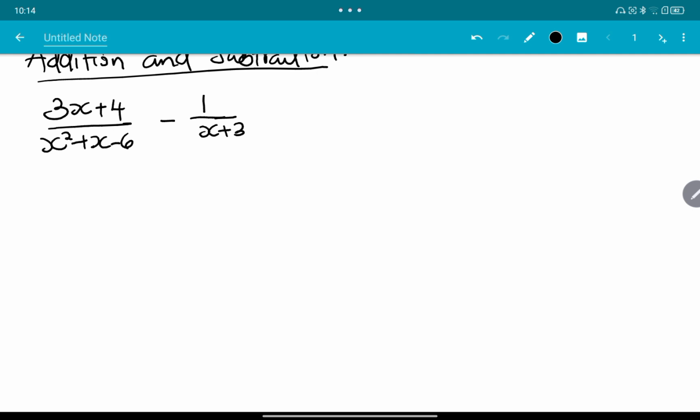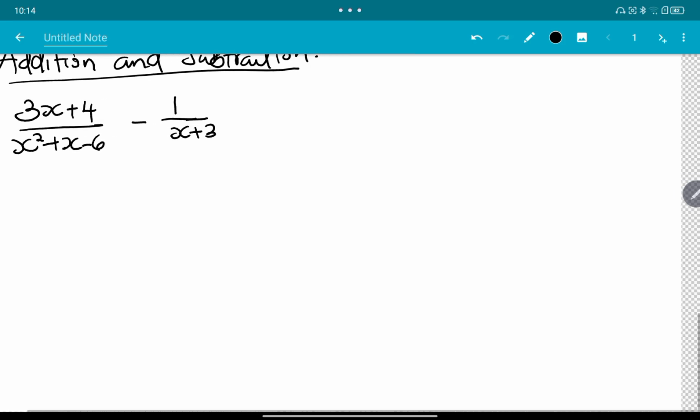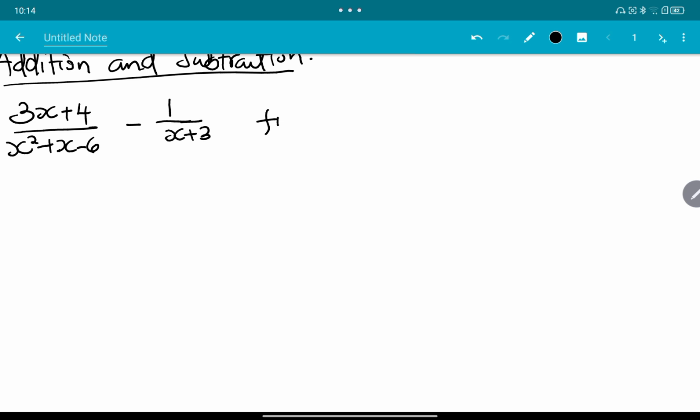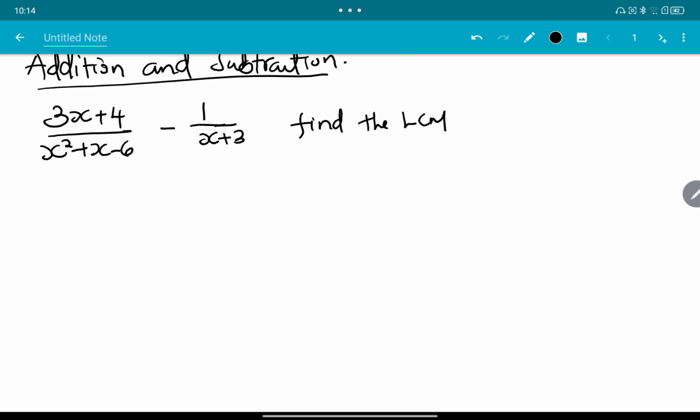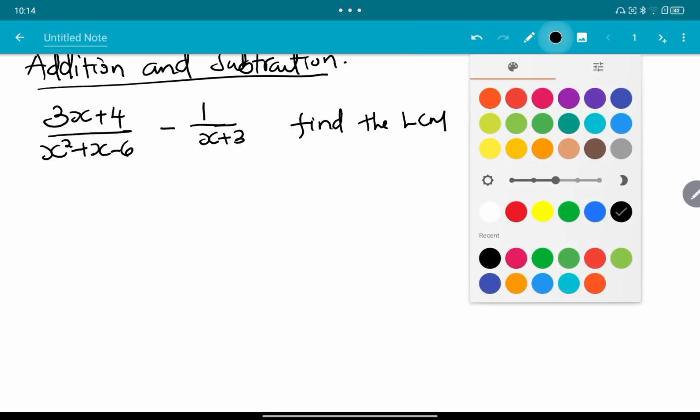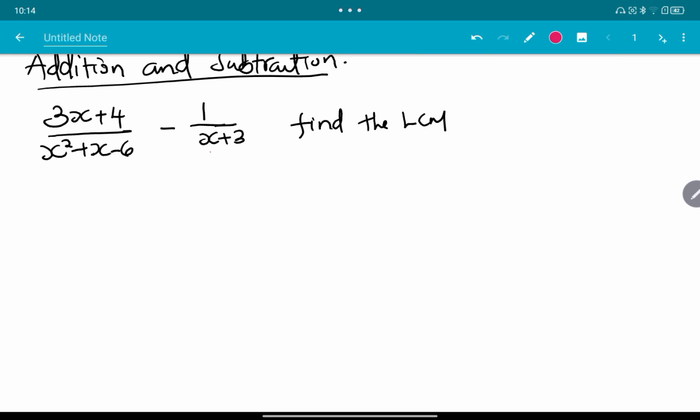For addition and subtraction, whenever we are dealing with any fraction and we want to simplify it, we usually do what? Find the LCM. So for us to be able to get that LCM, especially looking at our denominators, the denominators are a little bit different. One is a linear expression, the other one is a quadratic expression.